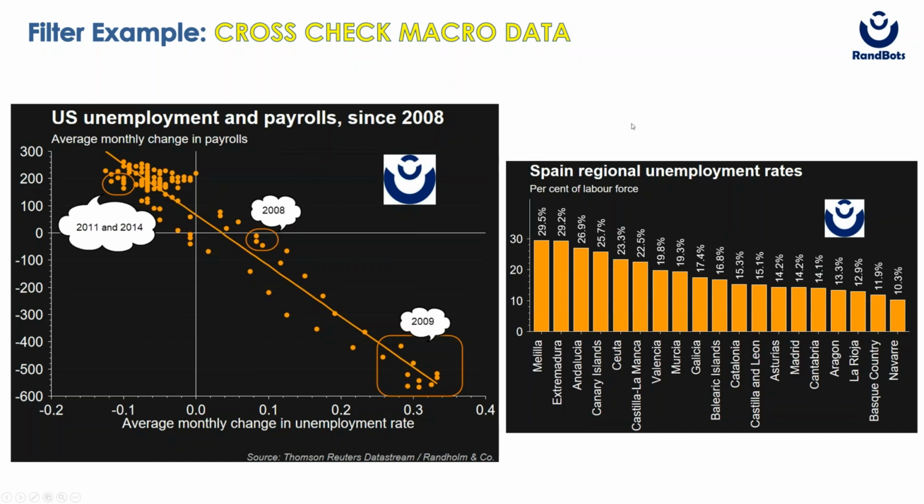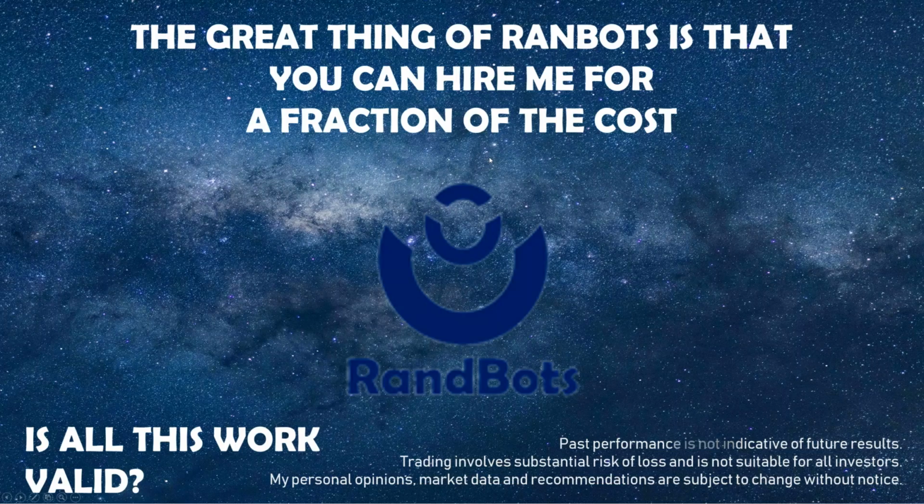And this is cross-check data, macro data that they use for filters to understand if the catastrophic loss is close or not.